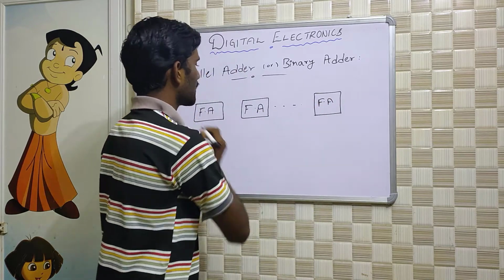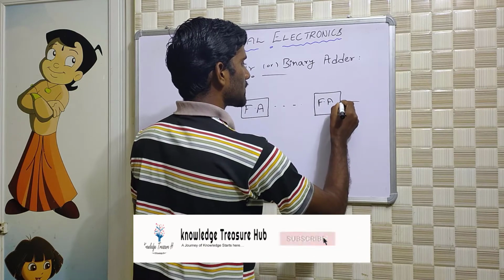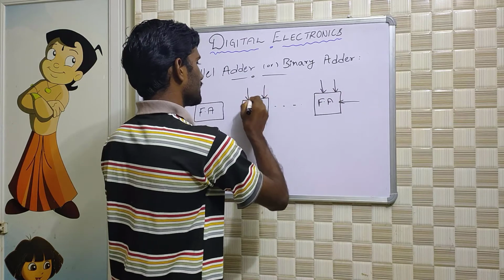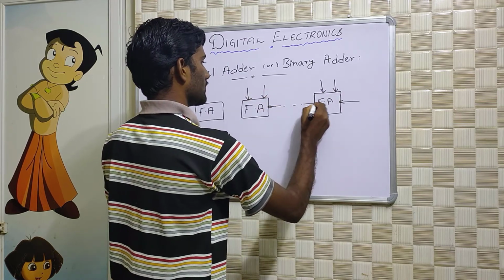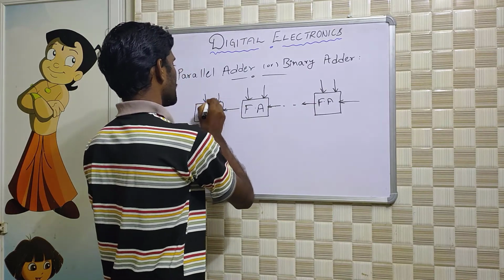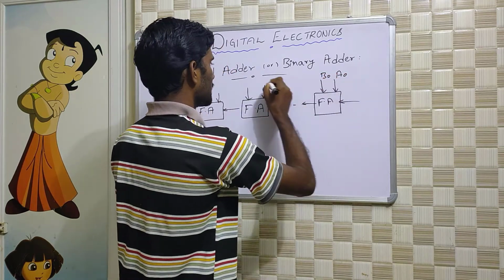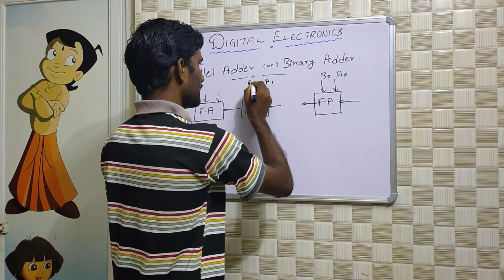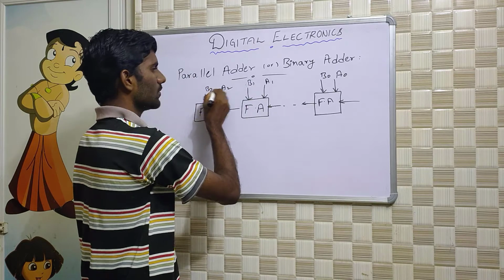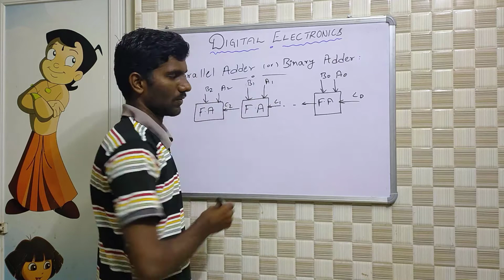So this is a chain of full adders. Generally a full adder consists of three inputs. Let the inputs be A0, B0, A1, B1, A2, B2, and the third input C0, C1, C2 and so on, right?